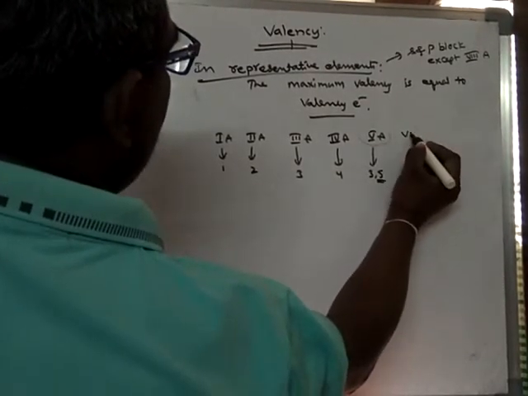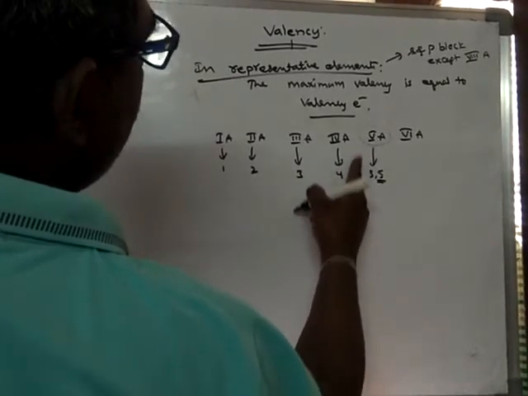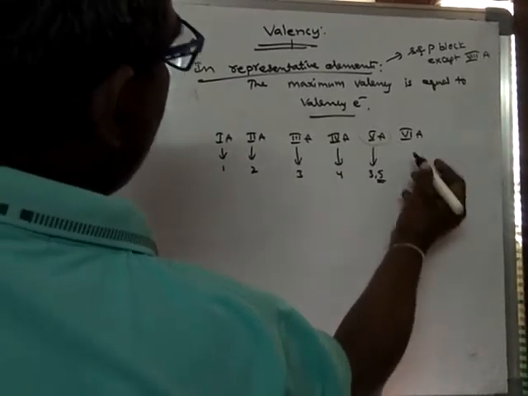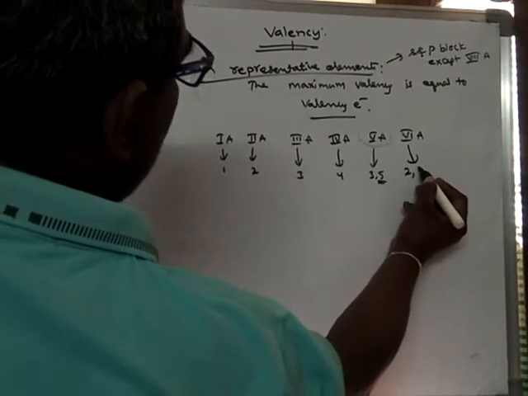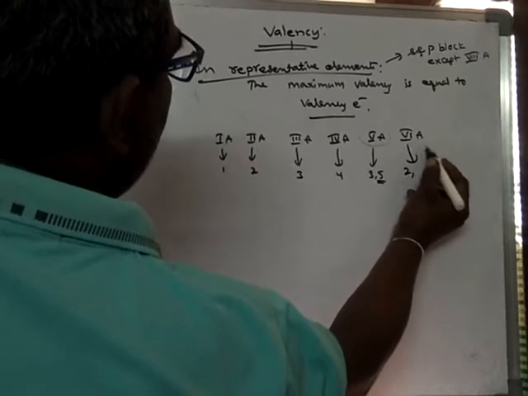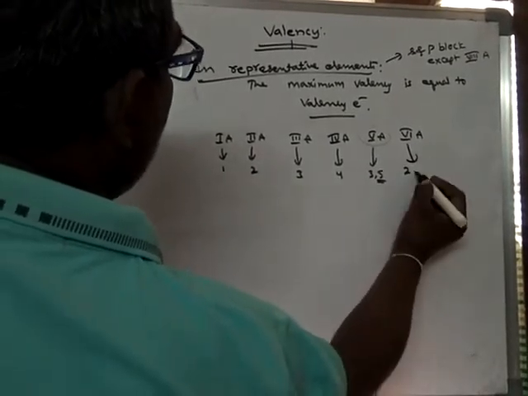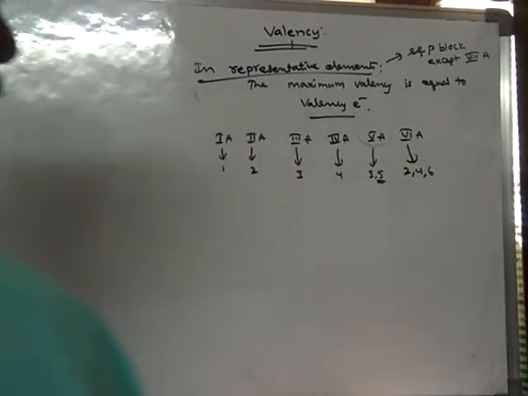Like this, the fifth A group shows valency 3 also. The 6th A group shows valence of 2 and 6. So they can show 2, 4 and 6 also.